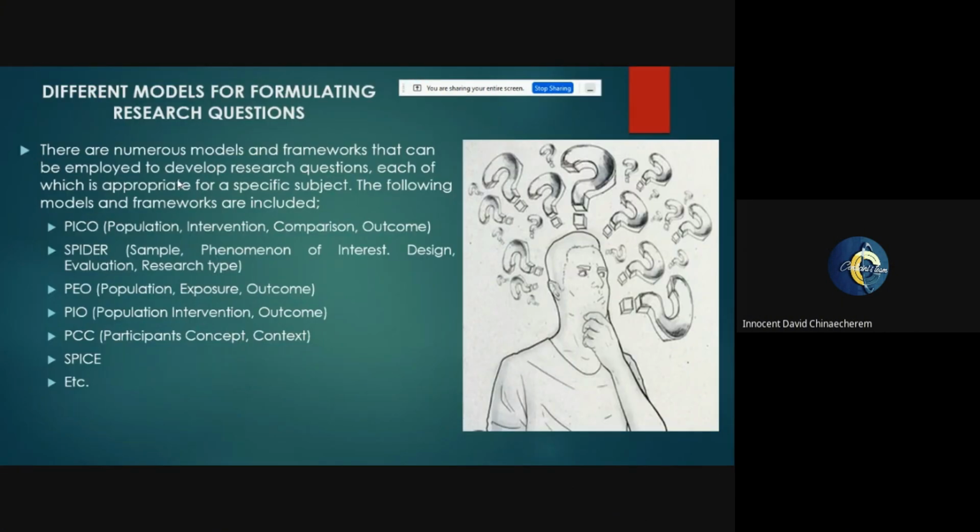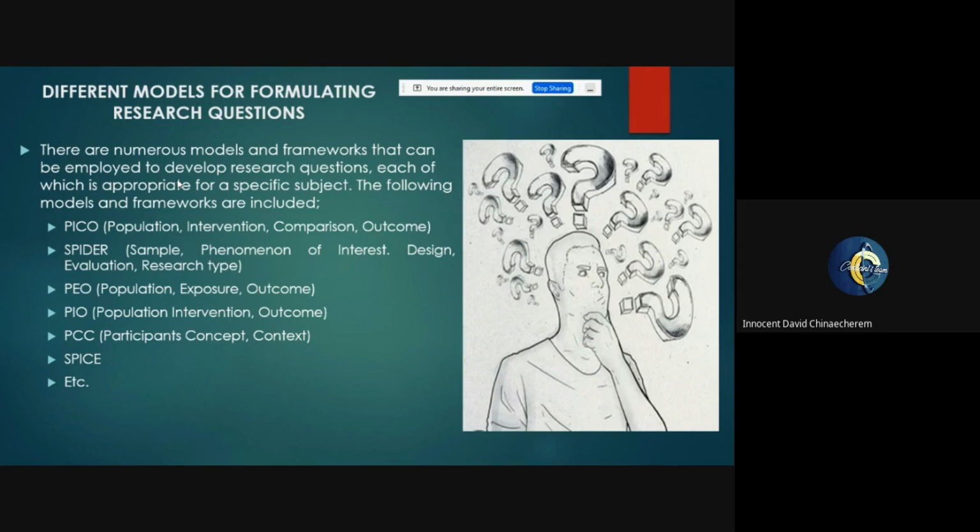So we looked at different models such as the PICO framework, which stands for population, intervention, comparison, and outcome. We looked at the SPIDER framework, which stands for sample, phenomenon of interest, design, evaluation, and research type. And we also examined the PEO, which is the population, exposure, outcome.